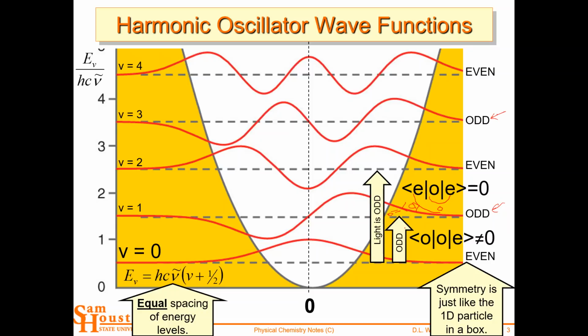So it was an A1 motion because it was the symmetric stretch. And so the odd nature of both of those masses, the hydrogens stretching away from the oxygen, canceled each other out so that the overall motion was even. So it was even all the way up. And so there your selection rules completely open up. For Z-polarized light, every transition was allowed. 0 to 1, 0 to 2, 0 to 3, 0 to 4.